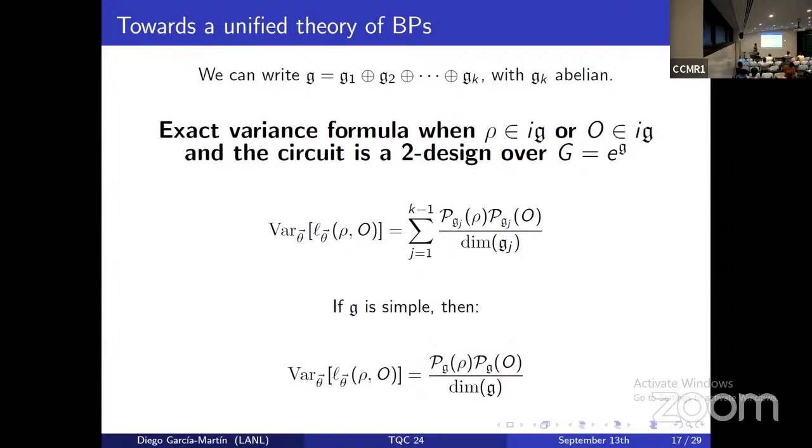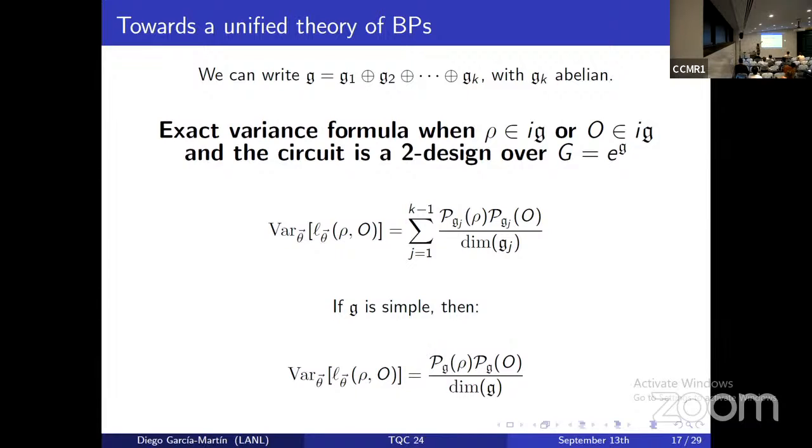Whenever rho, the state, you can take out the trivial part, the component in the identity. So when rho is in the algebra, or the observable is in the algebra, and your circuit is a 2-design over the Lie group associated to your Lie algebra, then they are able to give a closed formula for the variance. And the formula looks like this here. So let's try to understand what it means.